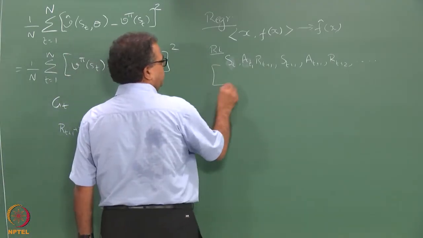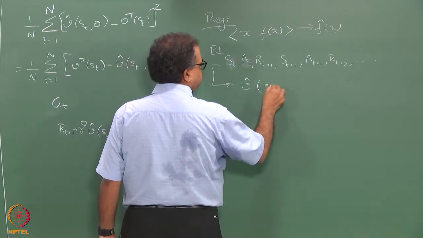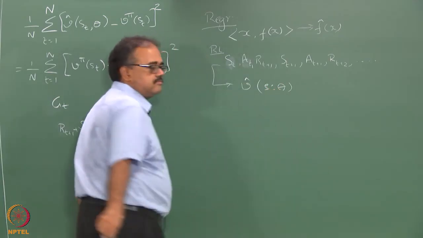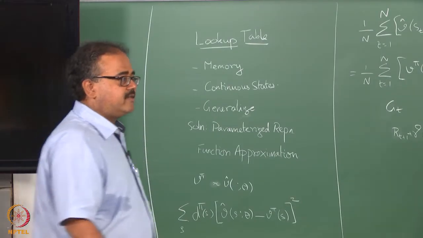So somehow from this we need to learn V hat. Correct. So the training data should start looking something like this, right.